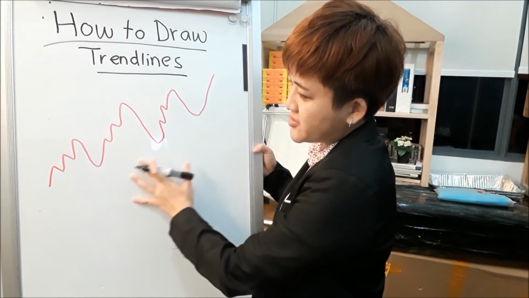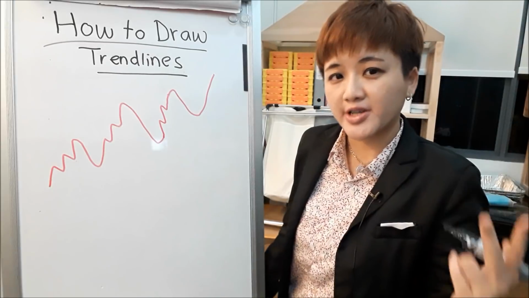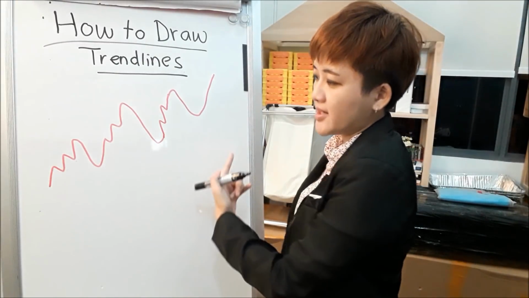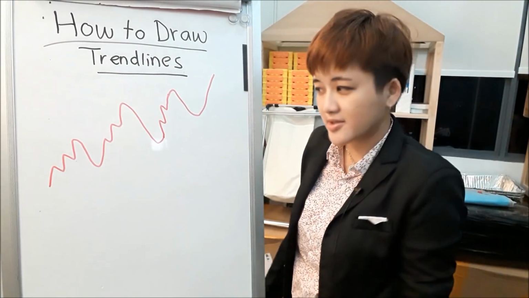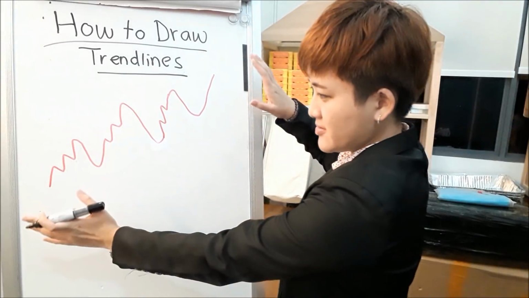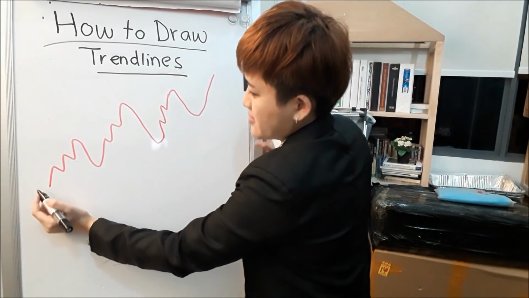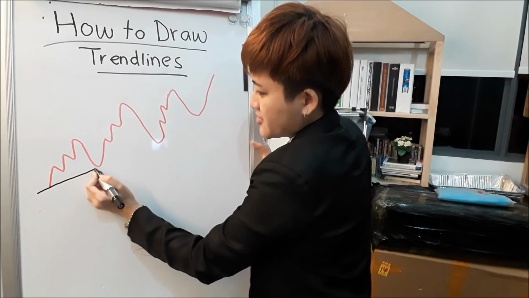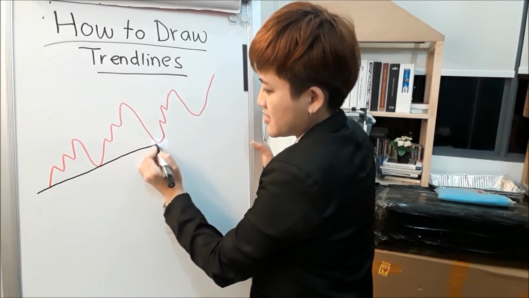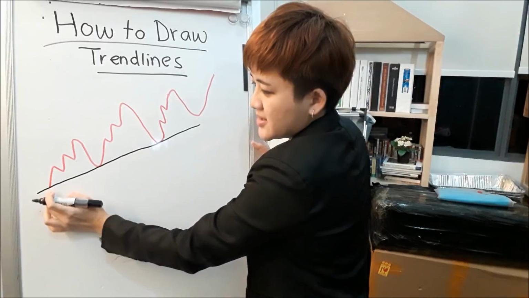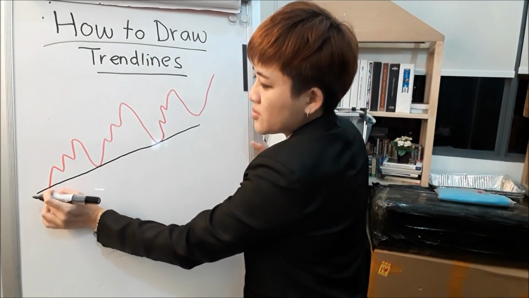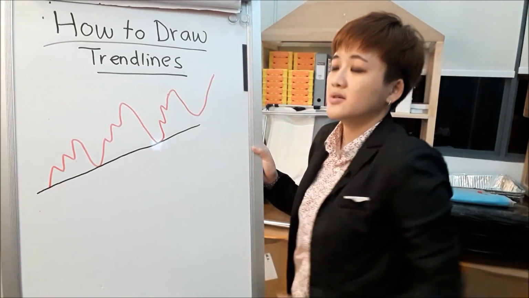So let's say you have a bullish trend over here. There are two types of trendline you can draw here: major trendline or minor trendline. If you look at the big picture, you have the bullish trend. You can draw the trendline like that, where it tests the price 1, 2, 3 times.